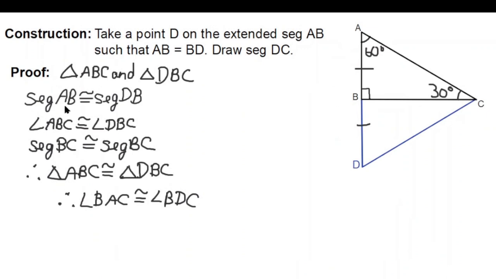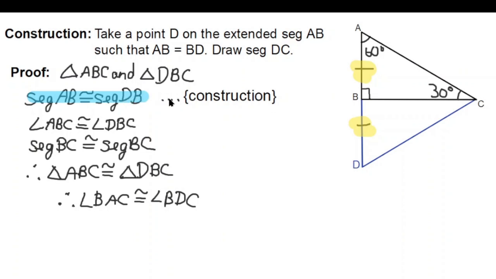Now these are the steps. I will explain each step one by one. See here, segment AB is congruent to segment DB. The reason for this step is construction. By construction we are getting segment AB equal to segment DB.